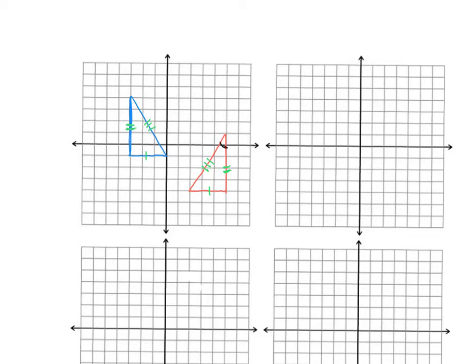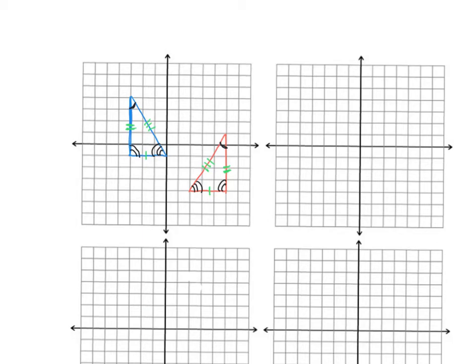So this would be a congruent angle to that, and to indicate congruence we give them the same amount of tick marks.